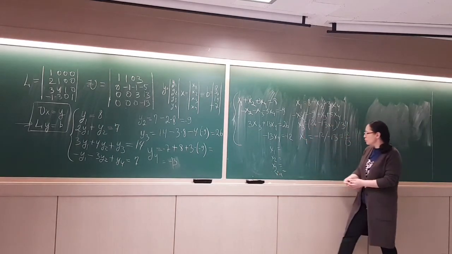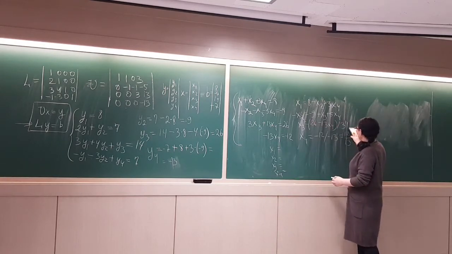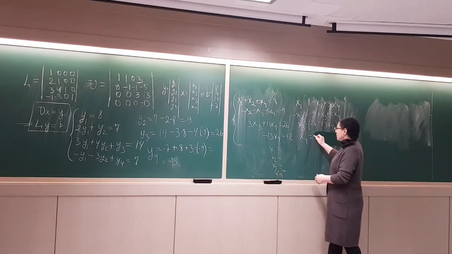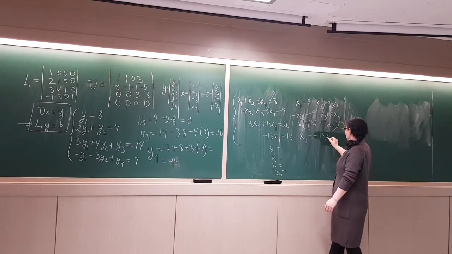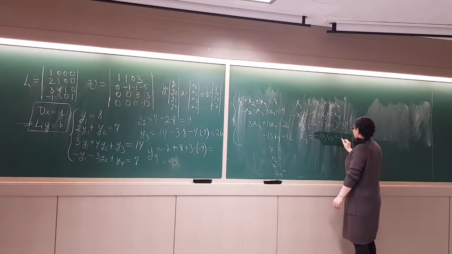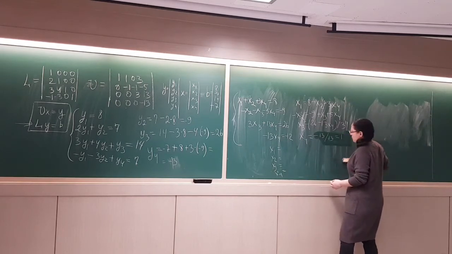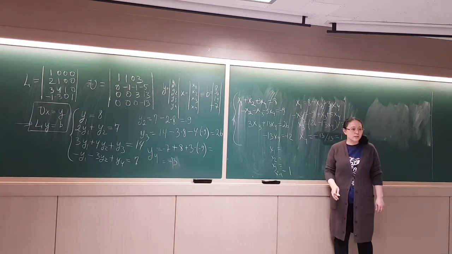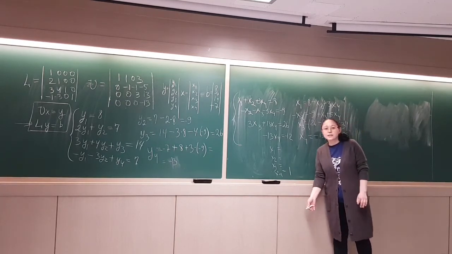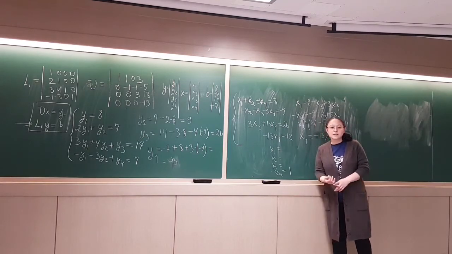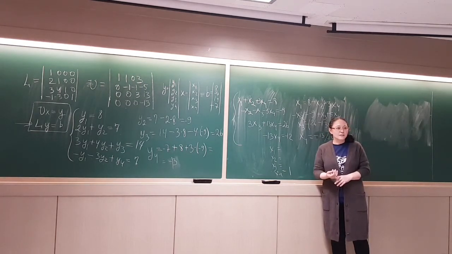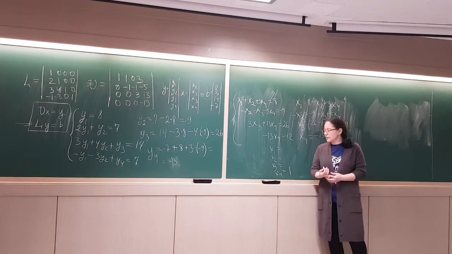From here, x4 will be 1, right? It will be minus 13, minus 13, 1. x4 is 1. What is x3? Did you calculate x3? 4.3. What is x3?